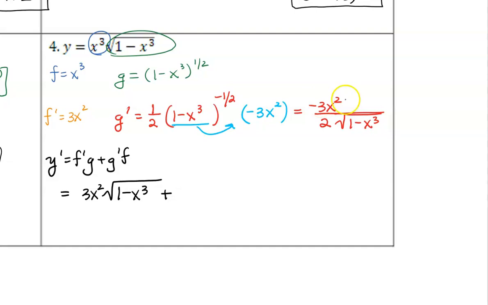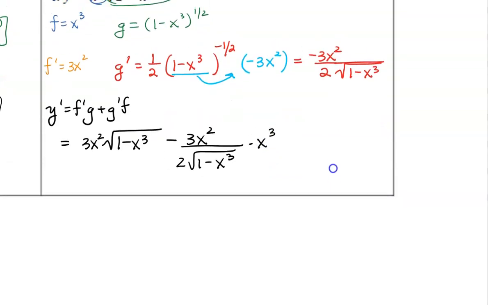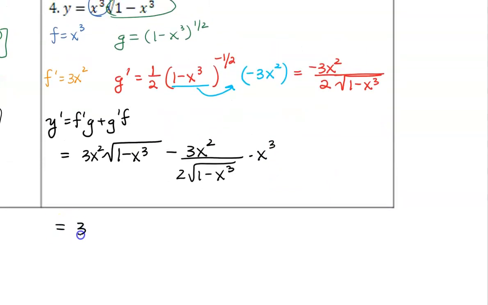G prime is negative 3x squared over 2 times the square root of 1 minus x to the third. So that's going to be a minus sign, since it's negative. And we're multiplying g prime by f, which is x to the third. So the only thing I'm going to do to simplify this answer is in that second term, I'm going to combine these two to give me an x to the 5th in the numerator with the 3.